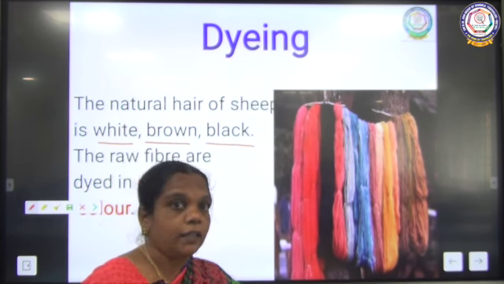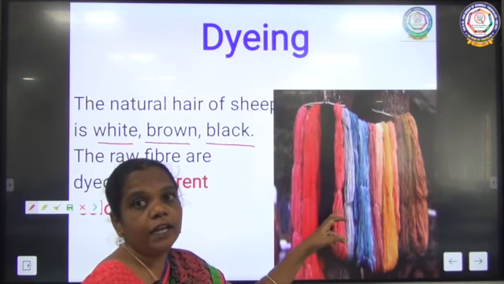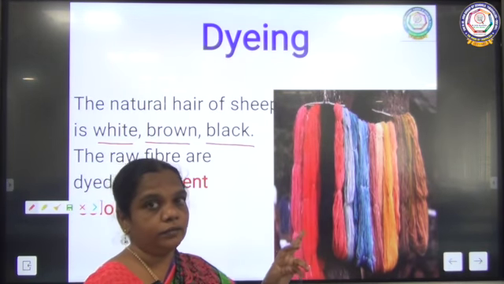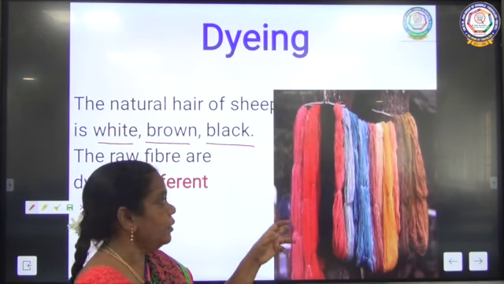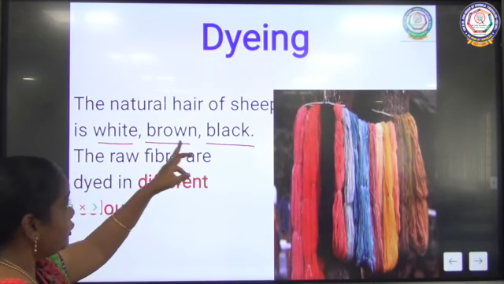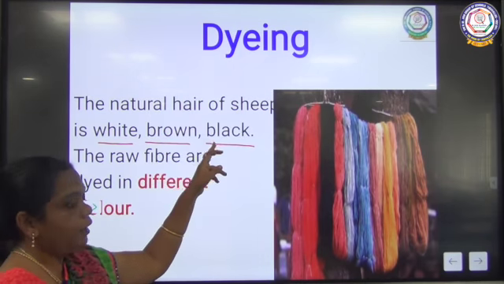So for that, we are going to do what? Dyeing. Dyeing means different desired colors. So whatever color we need, we can dye the wool. The natural color of wool is white, brown and black.